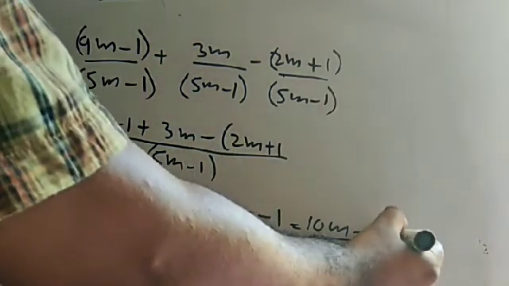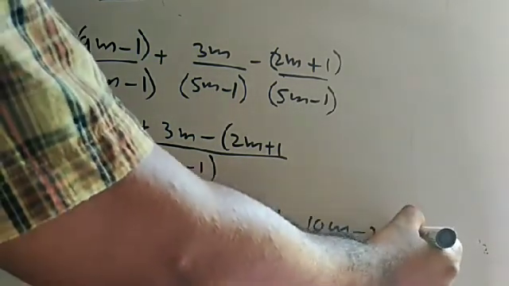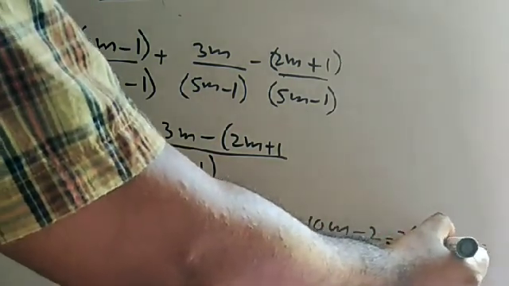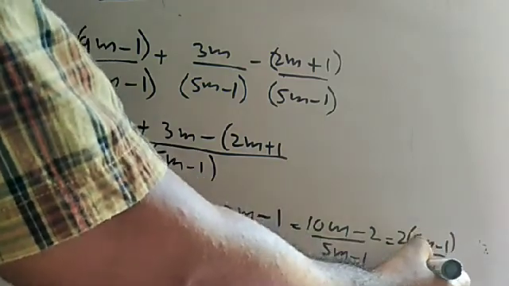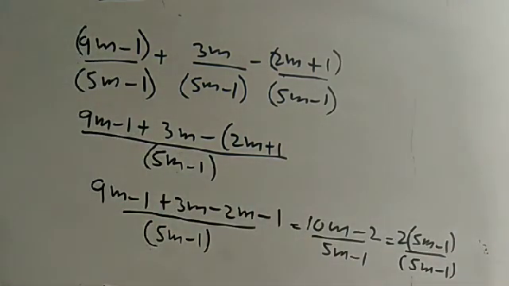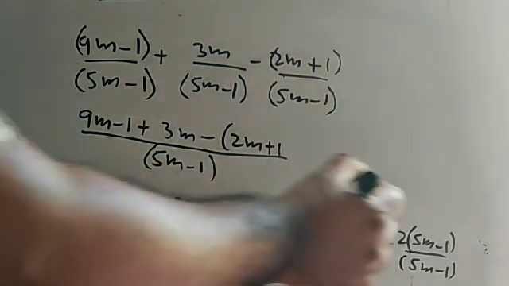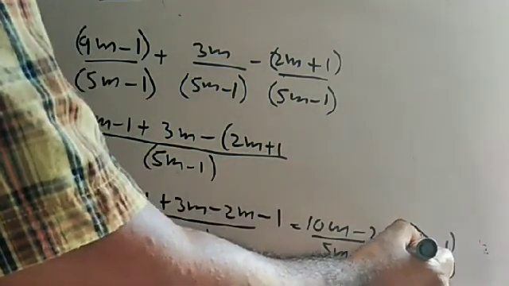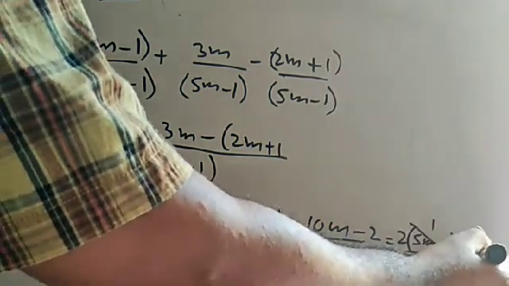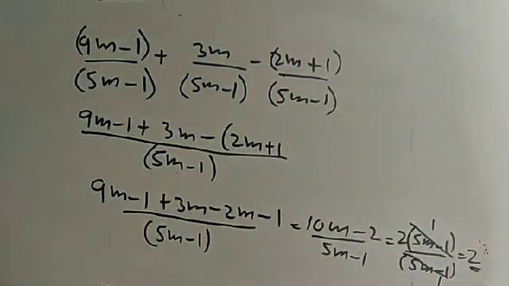Then 10m and 2, we can factorize 2 common. 2, 10m divided by 2, 5m, 2 divided by 2, 1 upon 5m minus 1. This 5m minus 1 is an expression on top and bottom, now we can cancel. 2 into 1, 2. The final answer is 2.